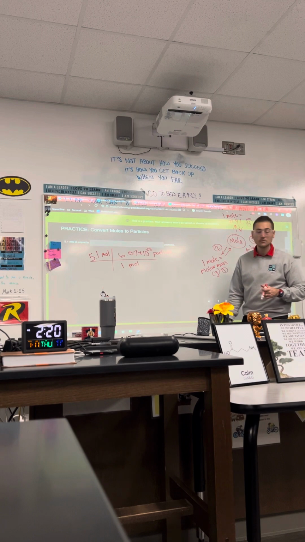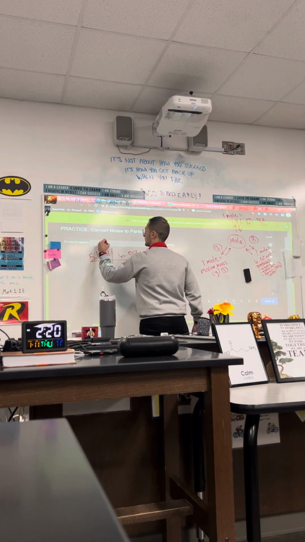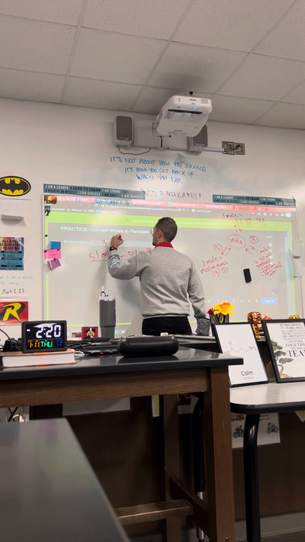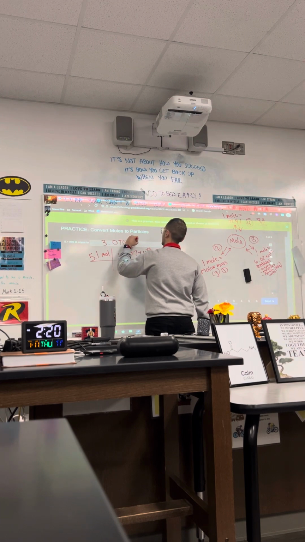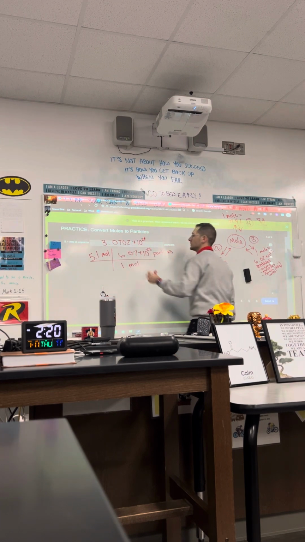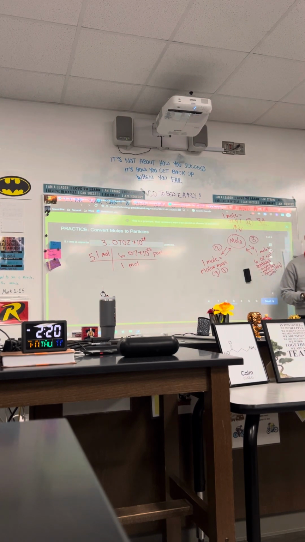It's actually 3.07 times 10 to the 24. All I did was multiply. Very easy. We're just canceling units, and it tells us what to do from there.